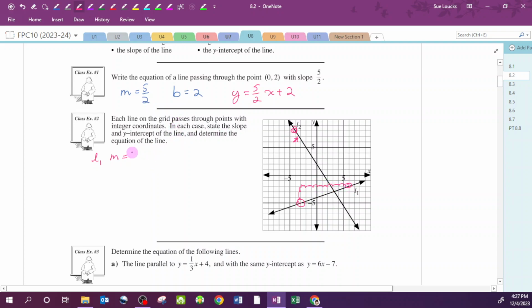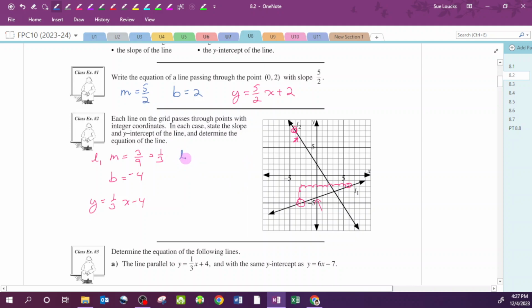So my rise was 3, my run was 9, and then I just simplify that, reduce it to 1/3. And my y-intercept for this line is right here, so that's -4. So my equation is y equals 1/3 x minus 4.